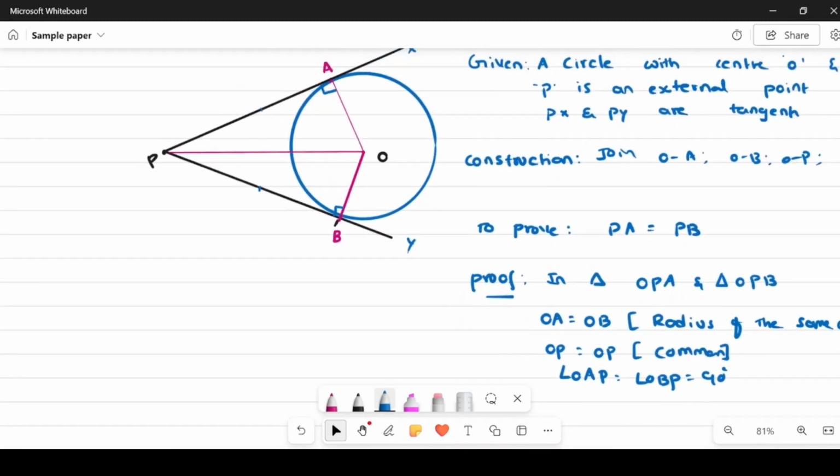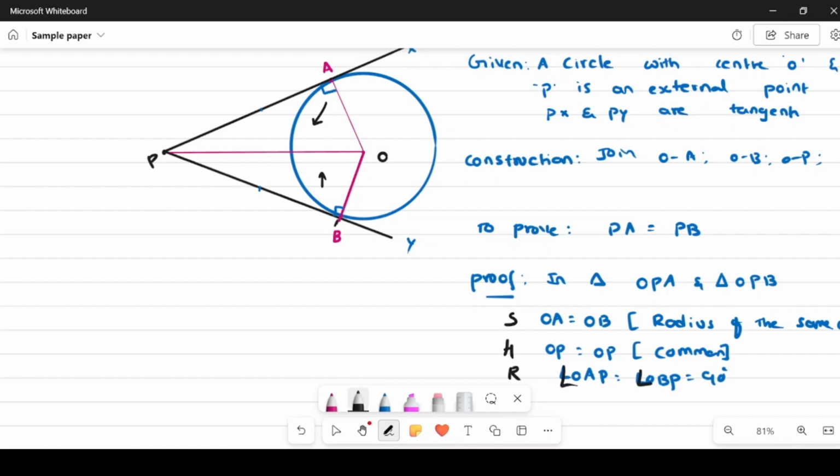Now we have OA is equal to OB, which is one side we have, and this OP, if you see, is opposite to the right angle in this triangle, so this will become the hypotenuse. And even for triangle OPB, OP is opposite to the right angle B, so this is the hypotenuse. We have the hypotenuse same in both triangles. And then we have angle OAP and angle OBP, both are 90 degrees. So this is a right angle.